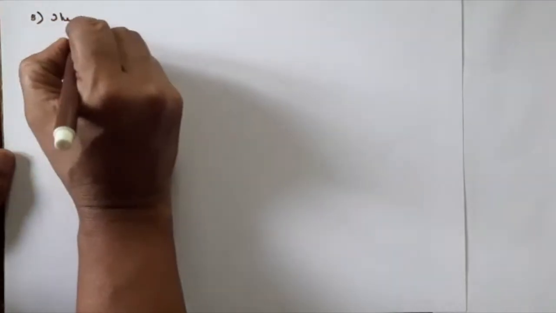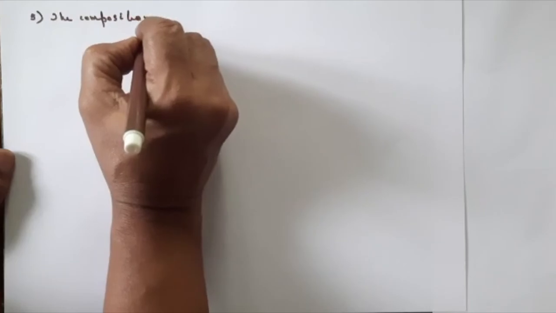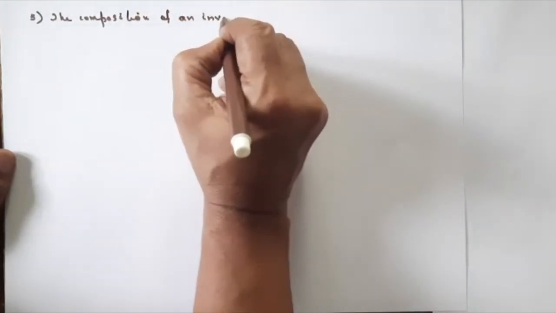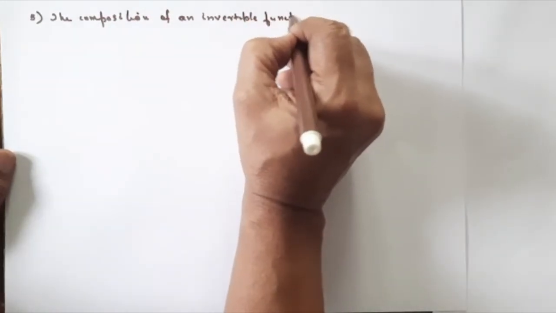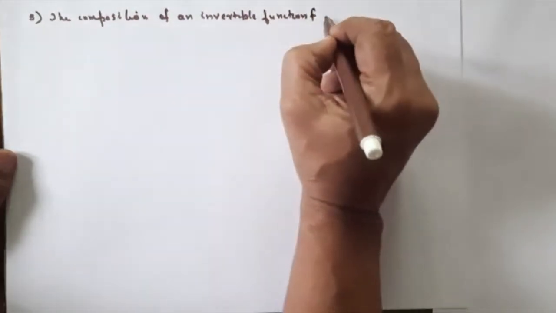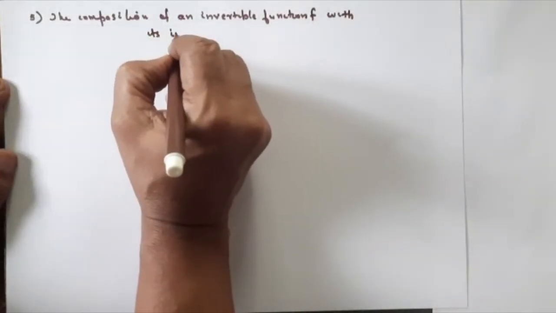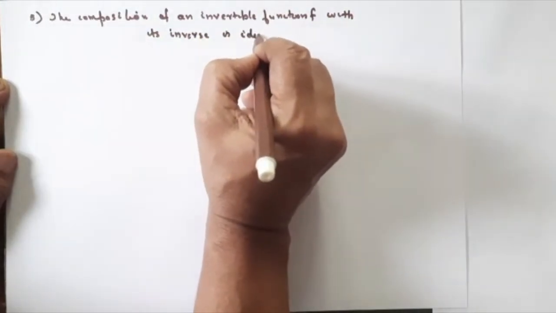Next, the fifth property: the composition of an invertible function f with its inverse is the identity function.